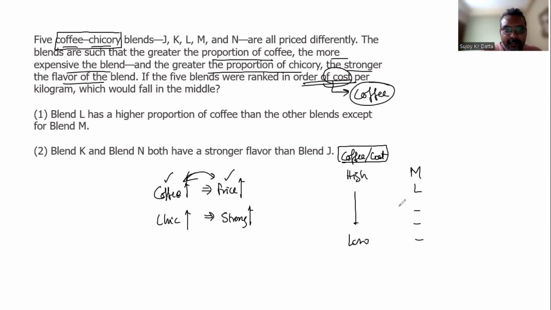M and L are on top. The 3 more could be J, K, N, in any order. We don't know what that order is. So that's what we know.